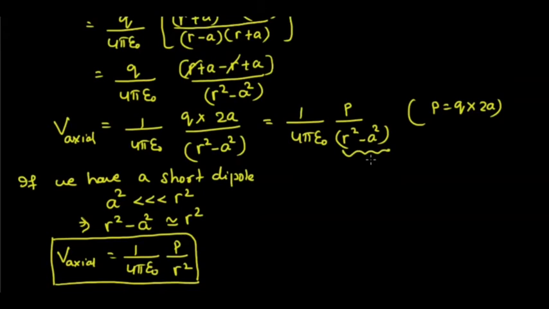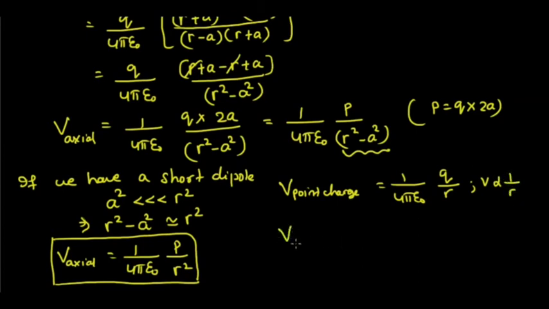So students, now look at the dependence of this electric potential at the axial point on the distance R. We have derived that the electric potential due to a point charge is how much? It is 1 by 4 pi epsilon naught Q by R, means the electric potential varies inversely as the distance from the point charge.